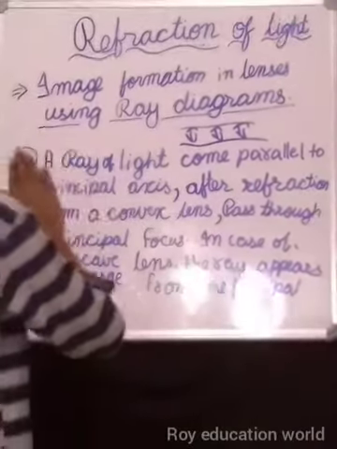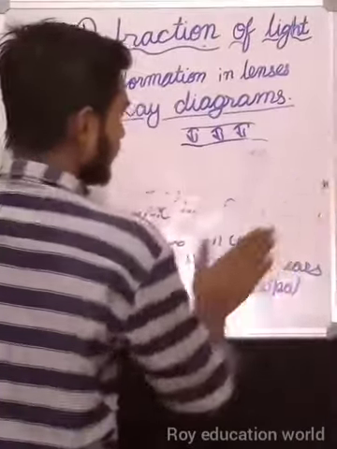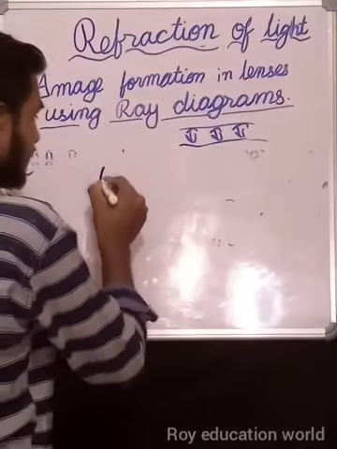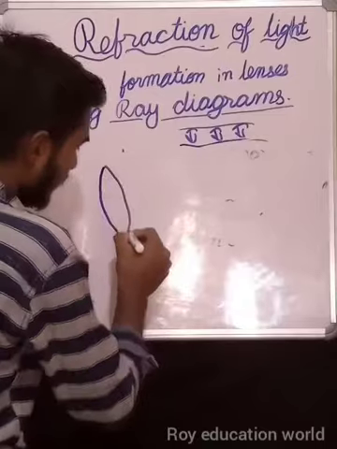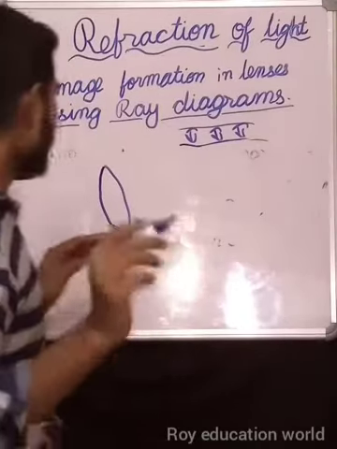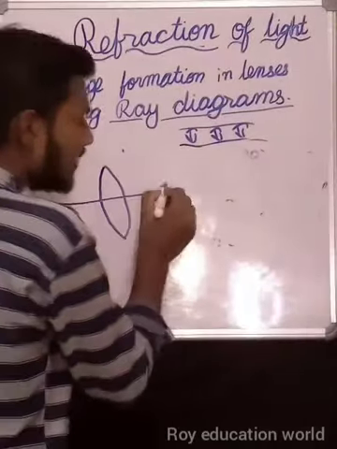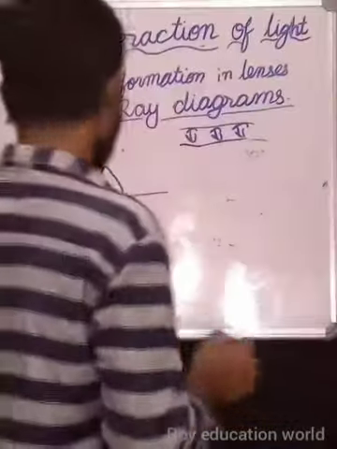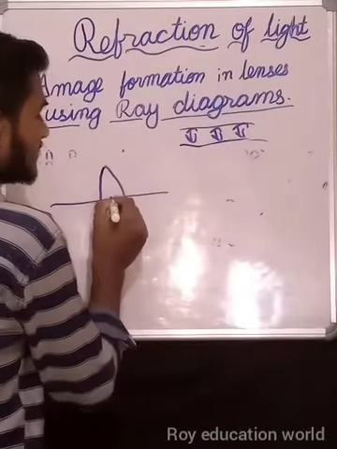Let us see the diagram. It is a convex lens, and we know that there are two focus and two centers of curvature in a lens. Here is the optical center.